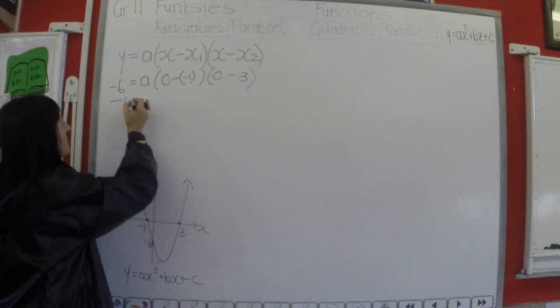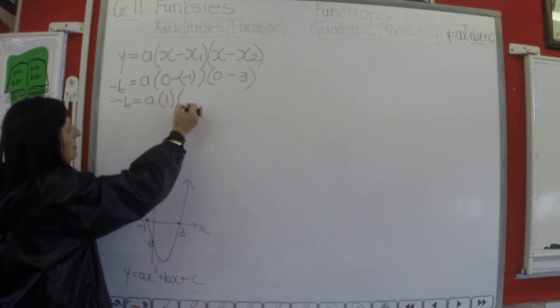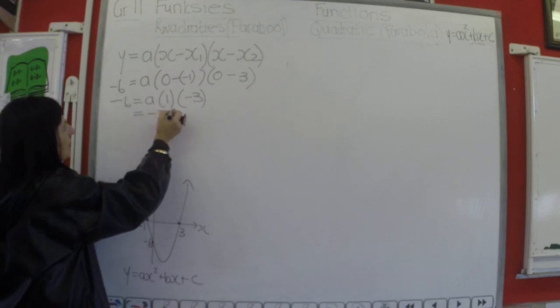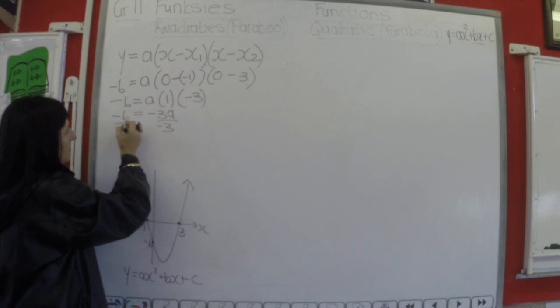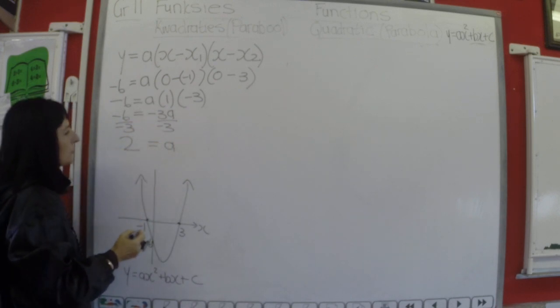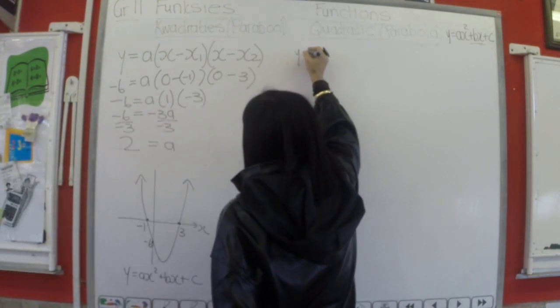So ons het minus 6 is gelyk aan a, 0 plus 1, 0 minus 3, so dis gelyk aan minus 3a, gelyk aan minus 6, divide with minus 3 on both sides, and a equals 2. Now you can resubstitute the a value into the equation.